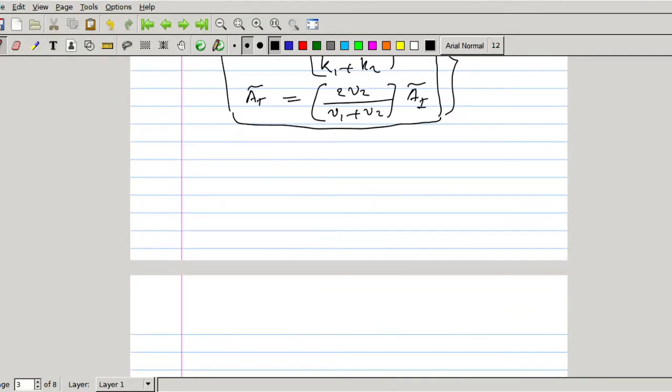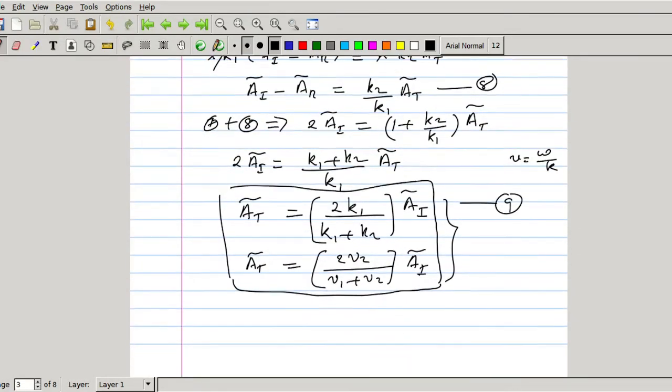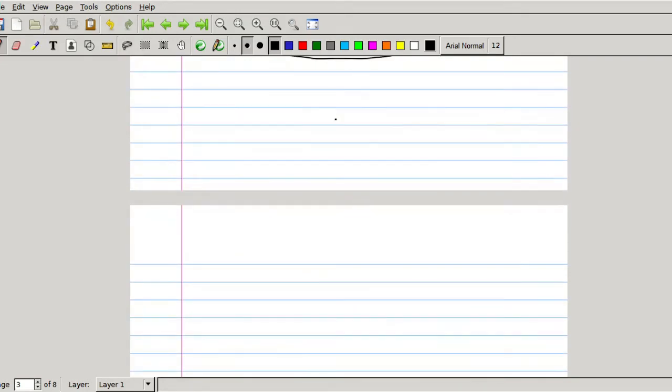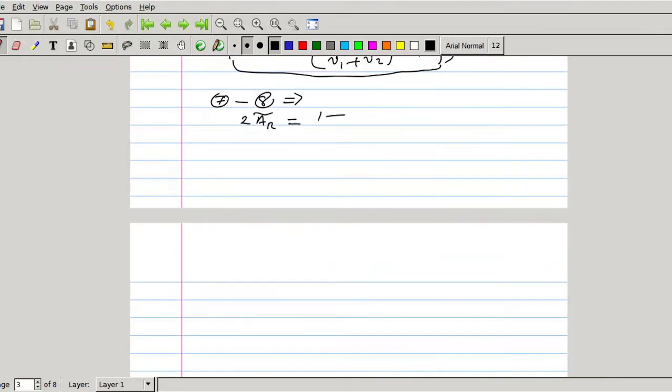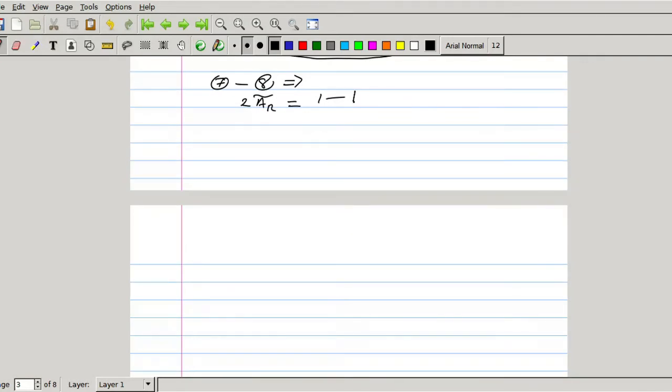So equation 7 minus 8 gives 2AR is equal to 1 minus K2 by K1 into A transmitted.